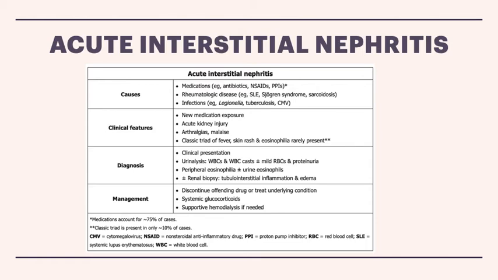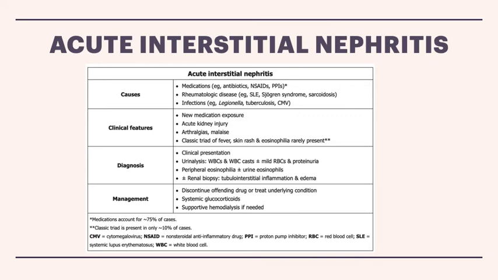In terms of diagnosis, the diagnosis is based on a combination of the clinical presentation. You want to do a CBC and look for the eosinophilia. You want to do a UA, a urine analysis, and you're going to find WBC in the urine, RBC in the urine, some protein in the urine, and you may also find WBC casts and even leukocyte esterase, but there will be no bacteria in the urine.